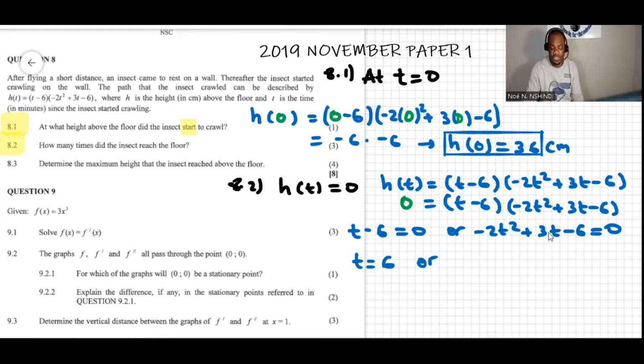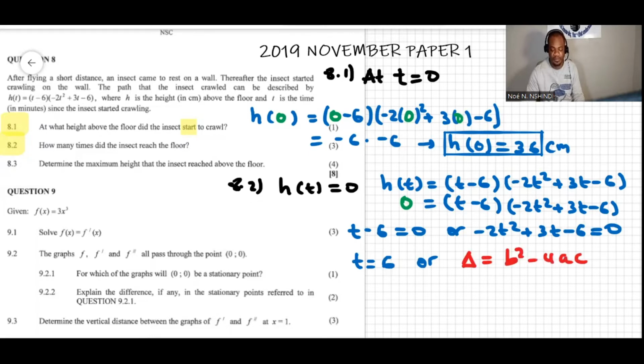Now what can we do with the other factor? We can try to see if we can solve it by factorization. If we cannot, it means there are no real roots. Let's first check if there is a real root, because I doubt it has one. We check it by delta equals b squared minus 4ac.